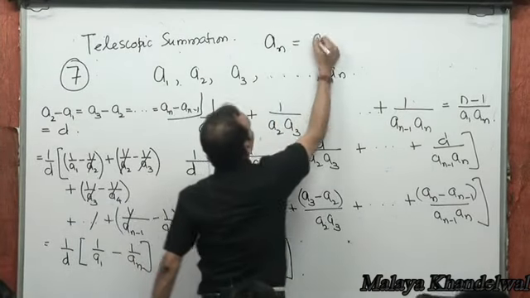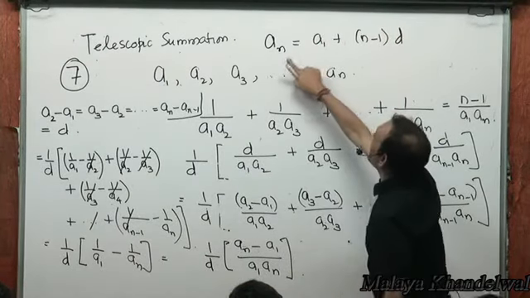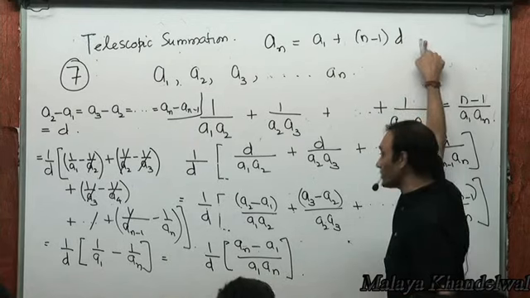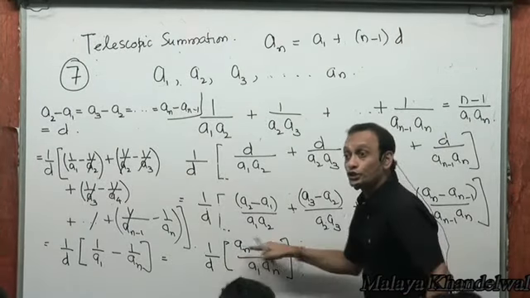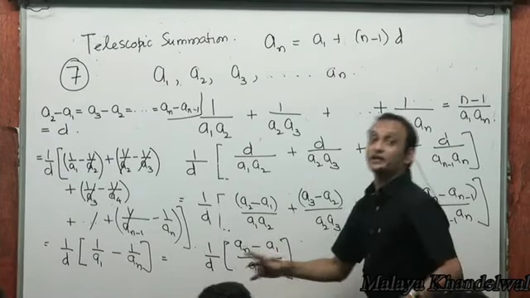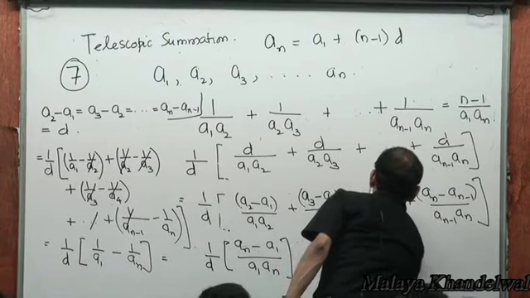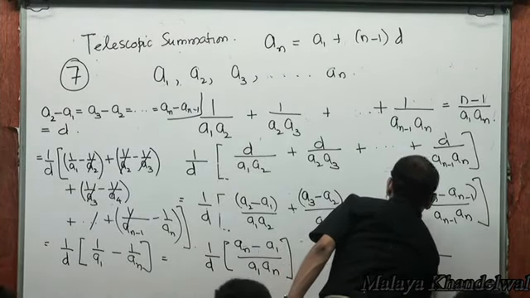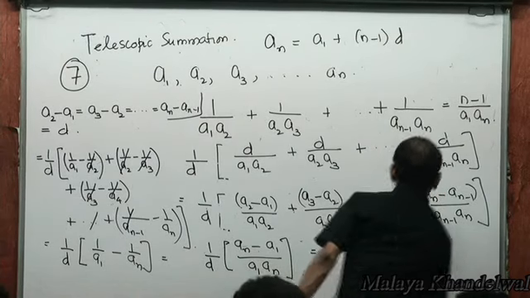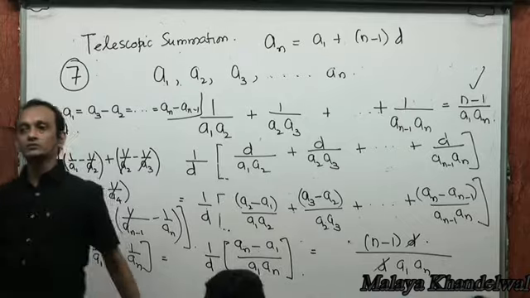Therefore An minus A1 could be written as (n minus 1) into d. The d in the numerator and that in the denominator would take care of each other, which is what leads to the right hand side, right?